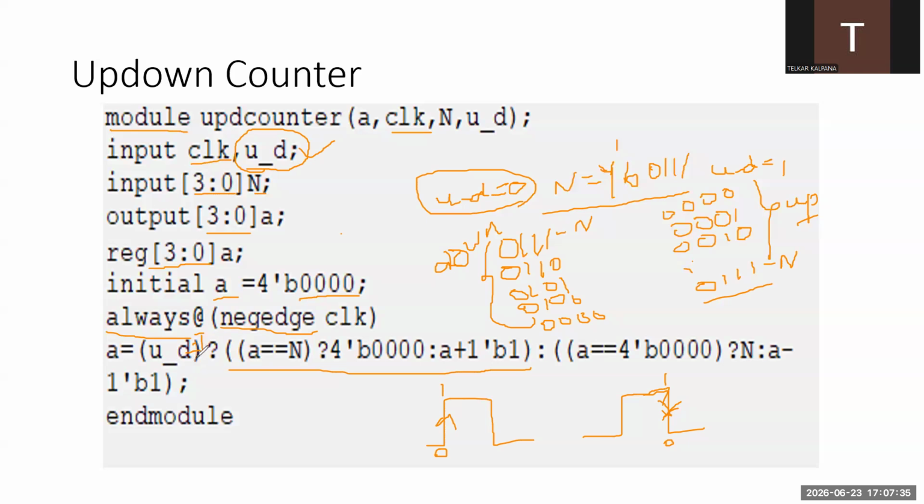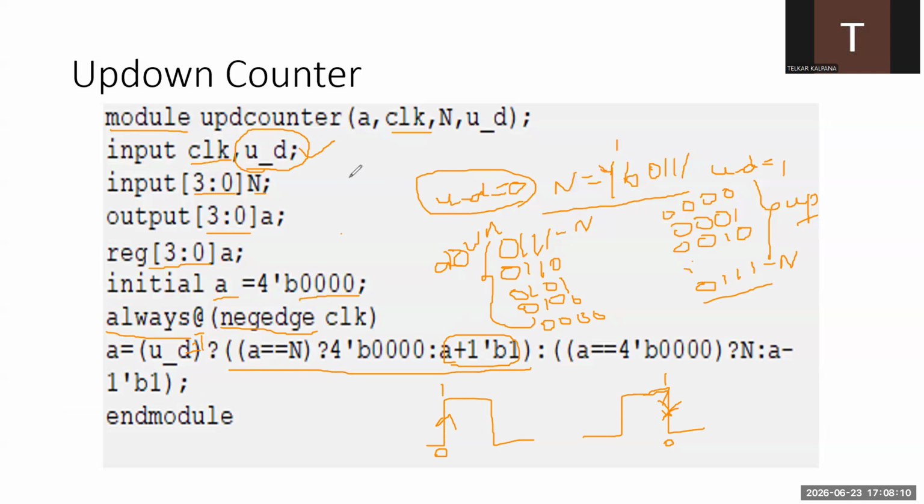When u_d equals 1, then this particular part will be assigned to A. Coming to this statement, again it has a condition, checking whether A equals N. So 4-bit 0 is not equivalent to 0 followed by 3 ones. So that's why this condition is not satisfied. Then whatever is after the colon will be assigned to A here. So what happens? A will be incremented by 1.